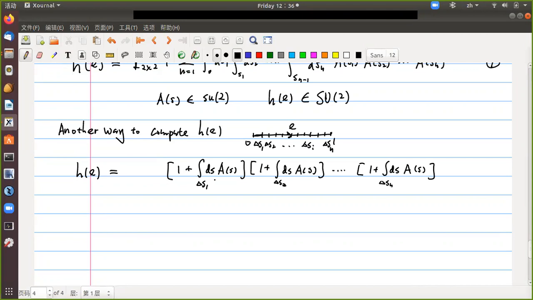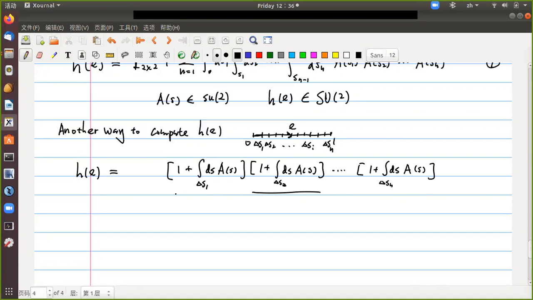You have terms in square brackets, but the product of all those square brackets has to be ordered, because each square bracket is a matrix, and they are not necessarily commutative. The ordering is with respect to the ordering of the edge. The ordering of the edge tells you that delta S2 is after delta S1, and delta S3 is after delta S2.